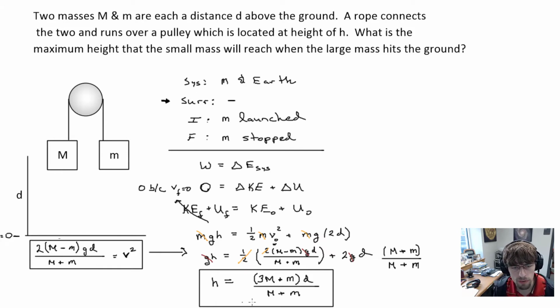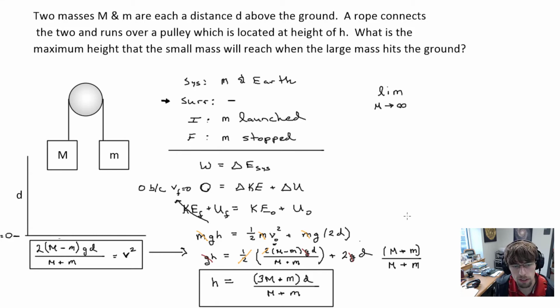The other thing that I always find interesting about this is what happens if I make this infinitely massive? If I make big M really big compared to little m, you find out, I'll say the limit, we'll come up here, we'll say the limit as M goes to infinity.